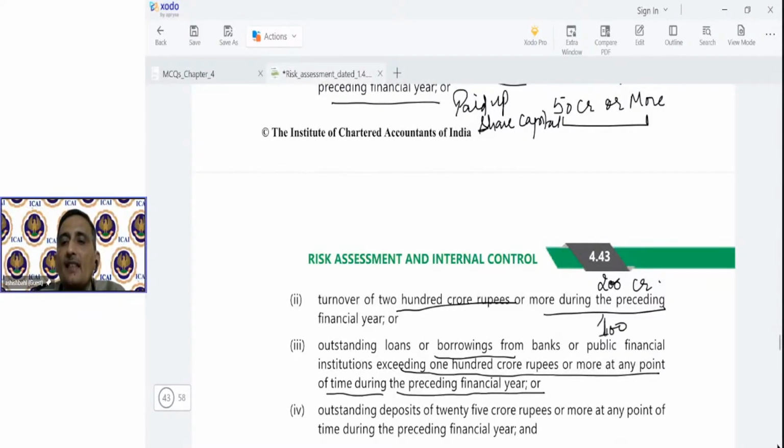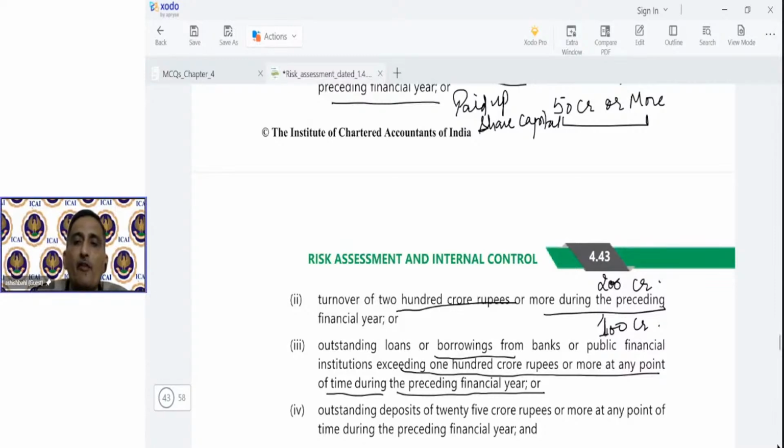If a company has taken a loan of more than 100 crore rupees from any bank or public financial institution at any time during the year, say as on 31st March the loan outstanding is 95 crore, but during the year at some point of time, say for 2 days, the loan balances were to the tune of 110 crores, then this condition would come into play. Okay.